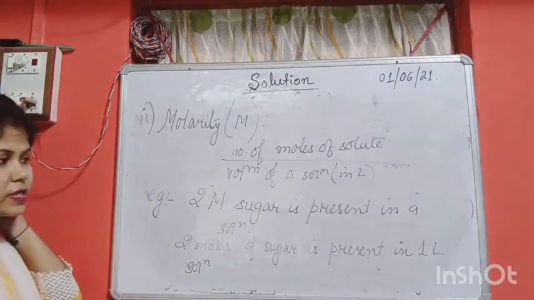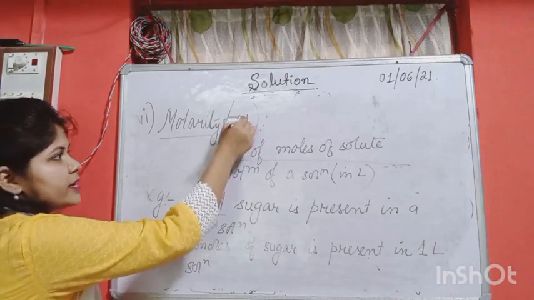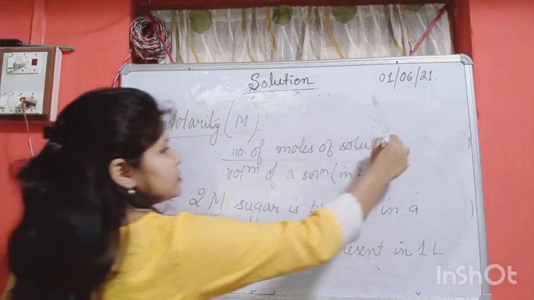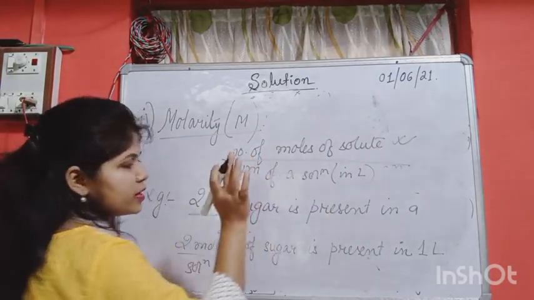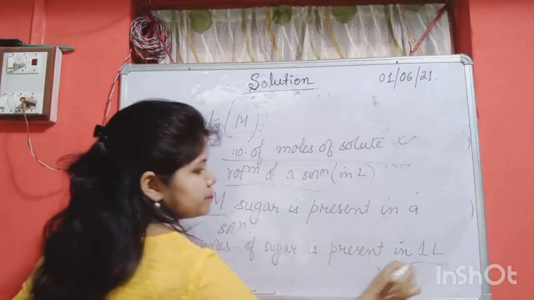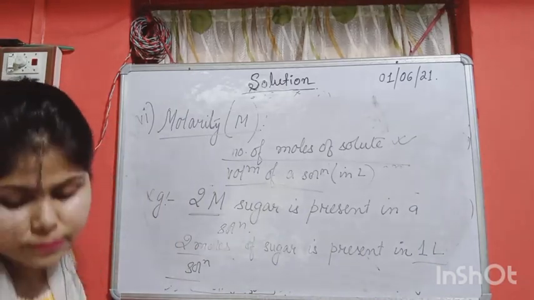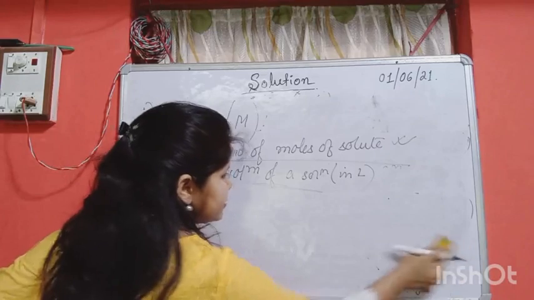So 2 molar means 2 moles of solute, the number of moles of solute. Sugar is the solute here. So 2 moles of solute is present in a solution, and the volume of the solution is 1 liter, because here we will consider it as liter. Let us do a sum here.